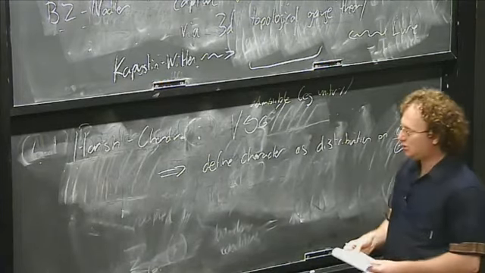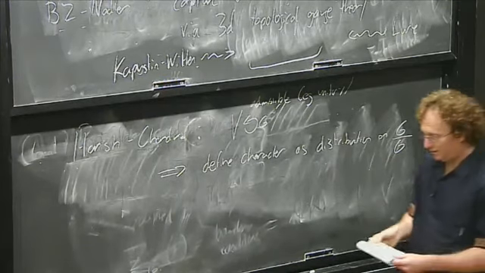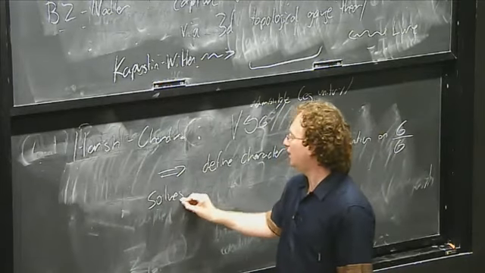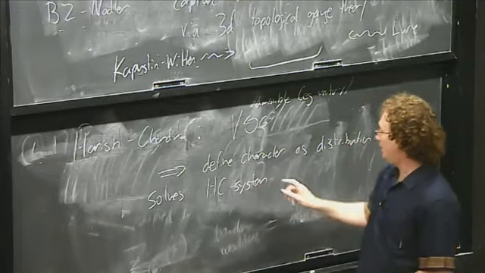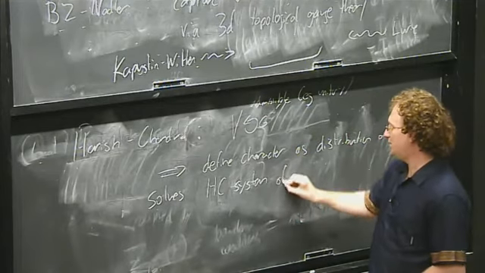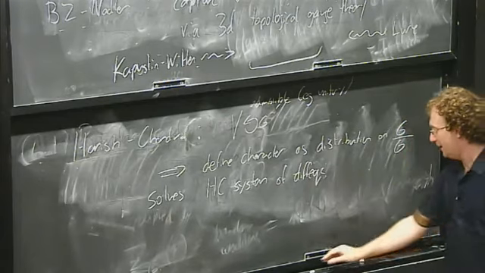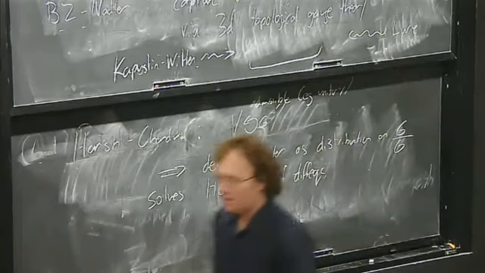But what Harish-Chandra shows is that this character satisfies a beautiful system of differential equations. This character solves, let me call it, the Harish-Chandra system. It's a system of differential equations on the group that's invariant under conjugation. And what is this system?